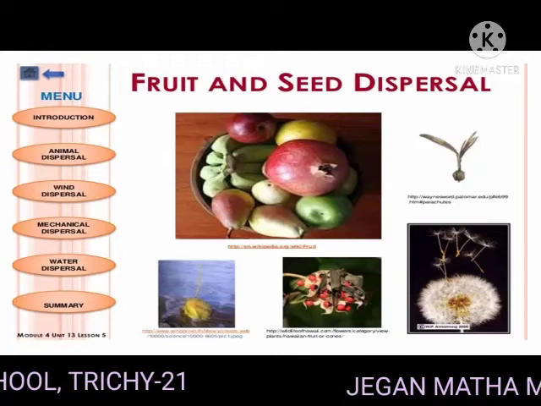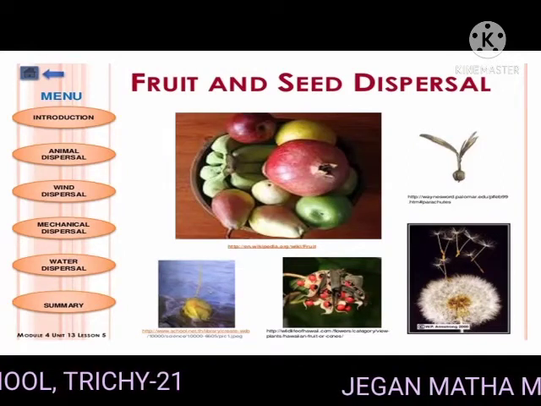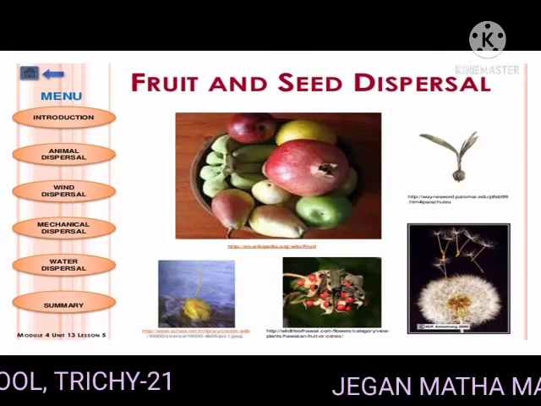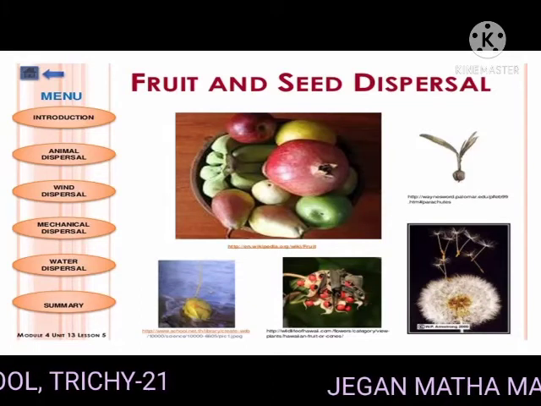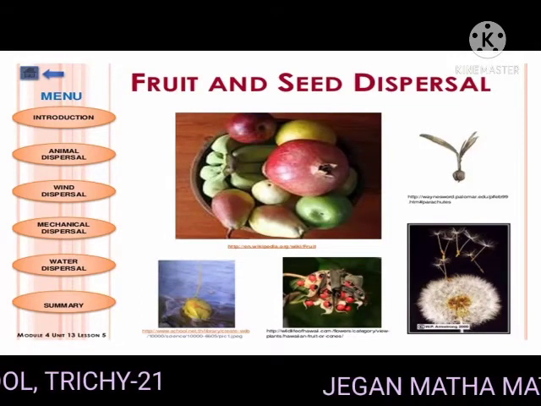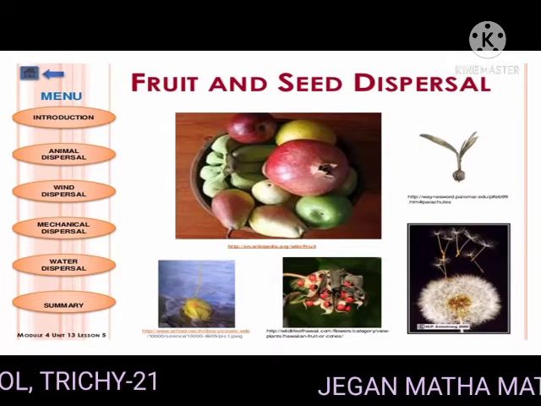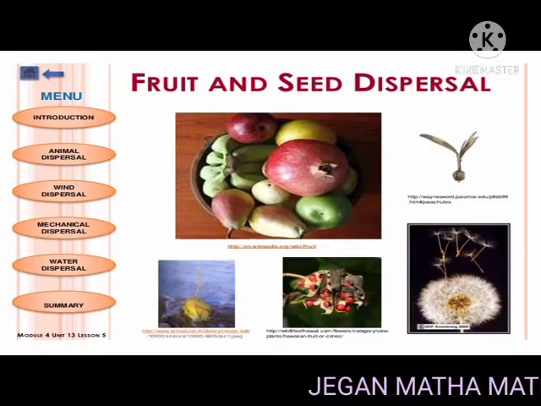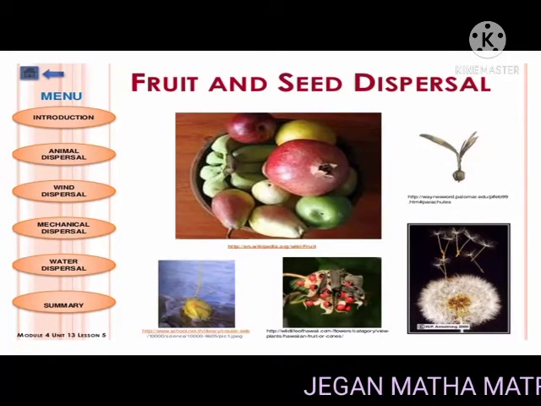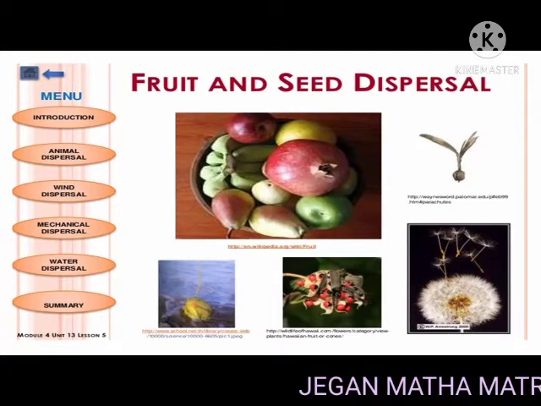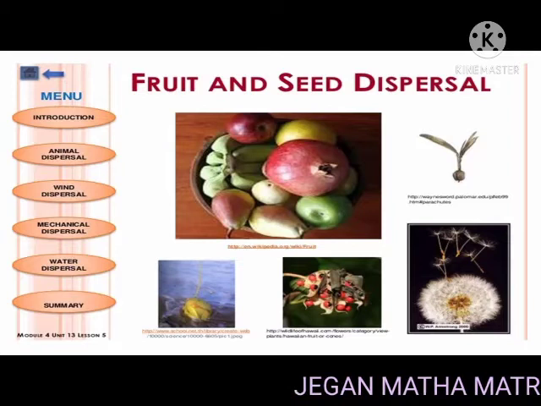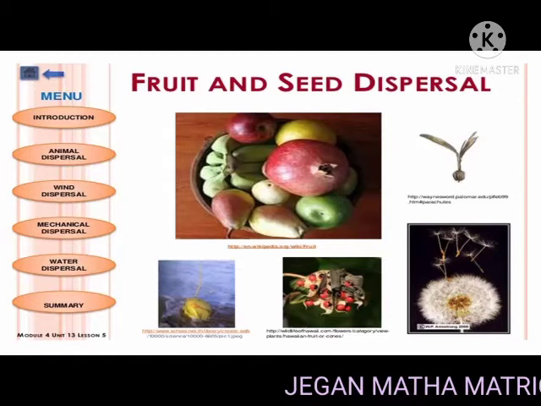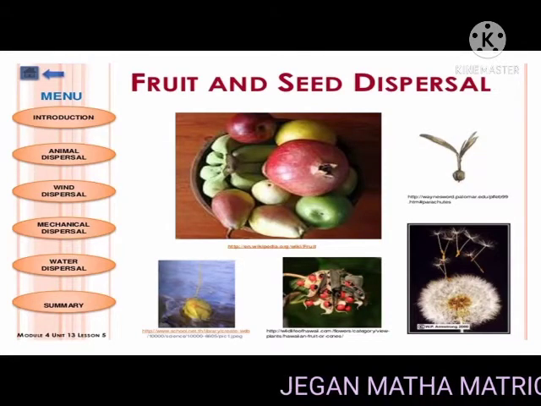Fruit maturation and seed dispersal is influenced by many ecological conditions such as season, suitable environment, and seasonal availability of dispersal agents like birds, insects, etc. Seeds require agents for dispersal which are crucial in plant community dynamics in many ecosystems around the globe.